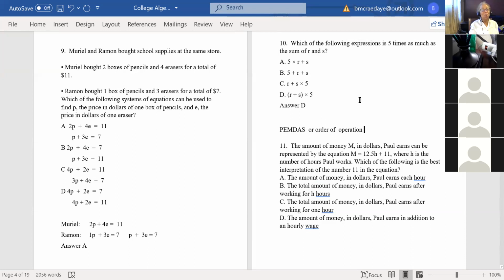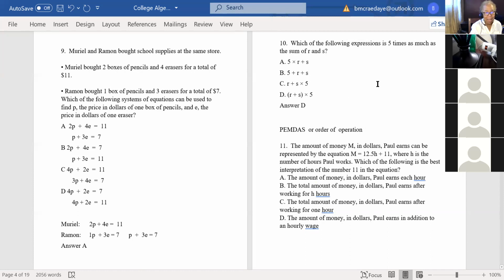That's why you know it's PEMDAS, because if you don't do this, you're going to do the multiplication first. Here, you're just going to add everything. Here, you're going to do multiplication, S times 5, and then add R, and that doesn't agree with what they asked you to do. Got it? So your clue here was when you saw those parentheses, because nothing else is showing you that the order of operation is going to be different, because you know you're going to do the parentheses first.